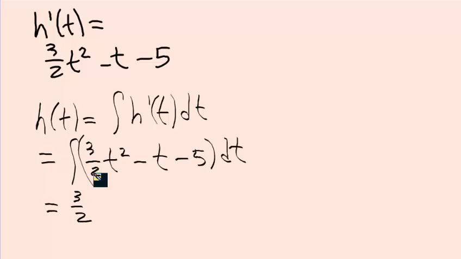So 3 halves t squared anti-differentiates to 3 halves t cubed over 3. t anti-differentiates to t squared over 2, and 5 anti-differentiates to 5t.